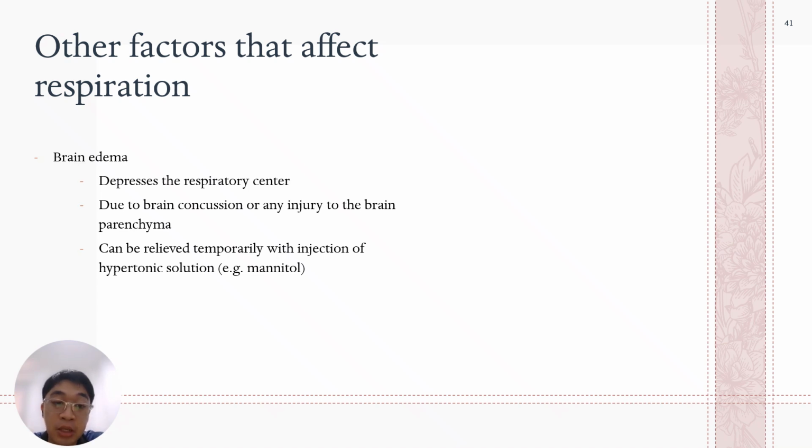Brain edema can be due to a lot of causes, but the most common is brain concussion. If there is trauma to the brain, for example motor vehicular accidents or direct trauma to the brain, or in cases of acute stroke, when acute stroke causes inflammation and therefore edema later on, it can depress the respiratory center.